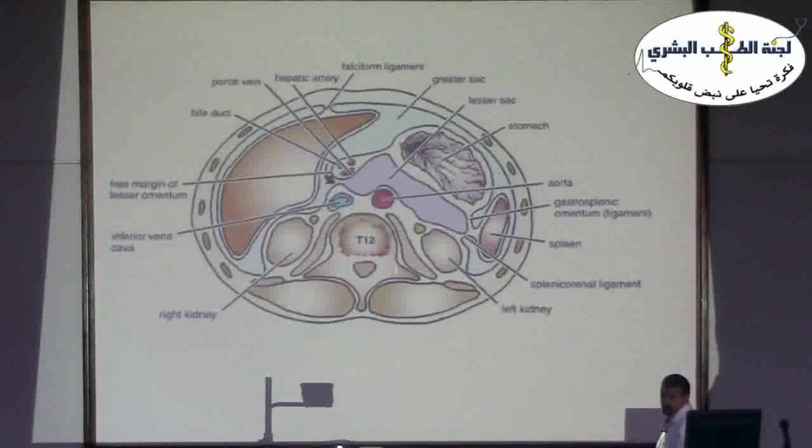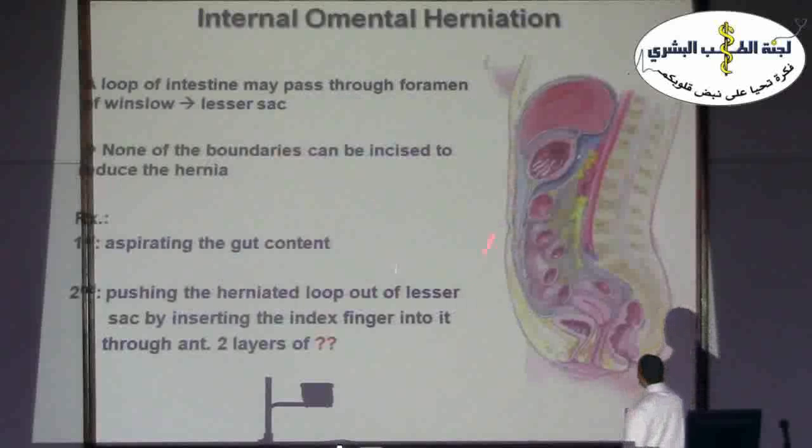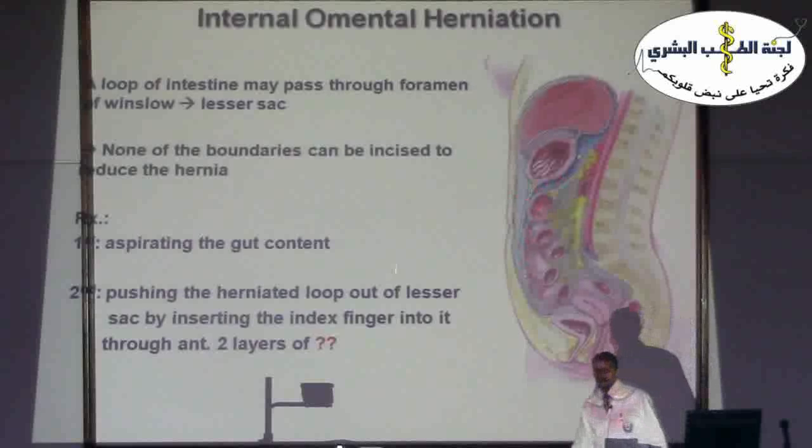So how will we remove or return this loop of intestine into the greater sac from the lesser sac? What they do is bring a small knife and cut the greater omentum. You see, this is the greater omentum coming down and reflecting back into the transverse colon. You cut the greater omentum from anterior here, and you can insert your index finger and push that part outside.